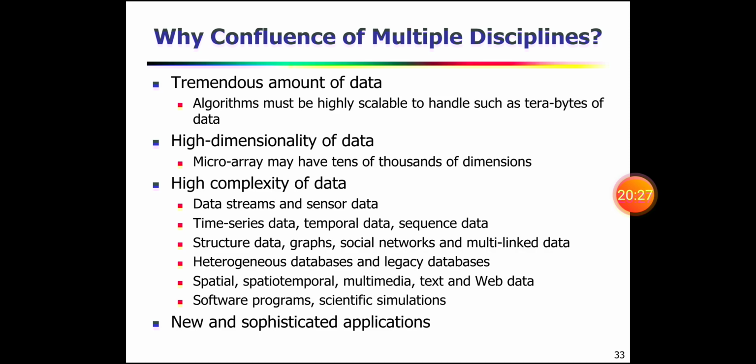And high complexity of data. We have a lot of high complexity data in the data mining process, like data streams. You can take a video stream or audio stream, or environmental data, climatic conditions data, and share market data. These are all huge data, and sensor data, some wireless sensor data, and time series data, temporal data.